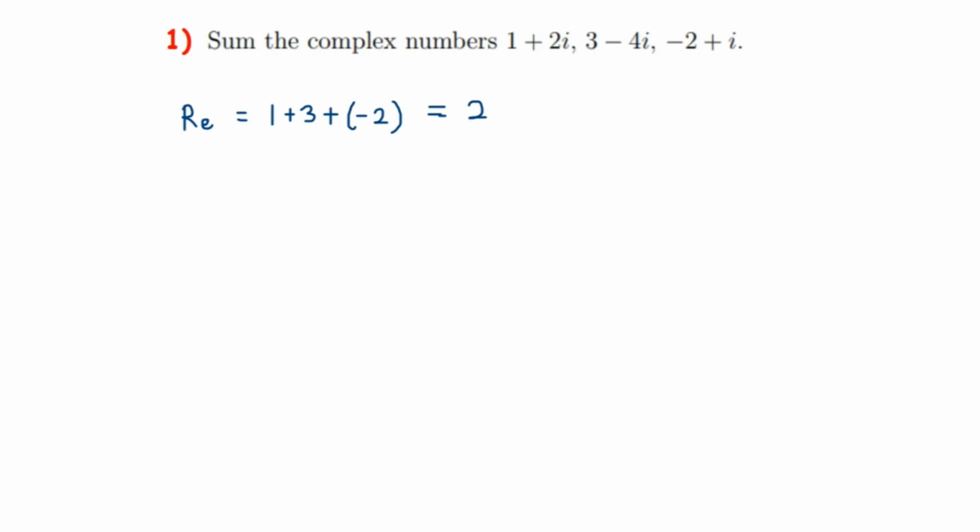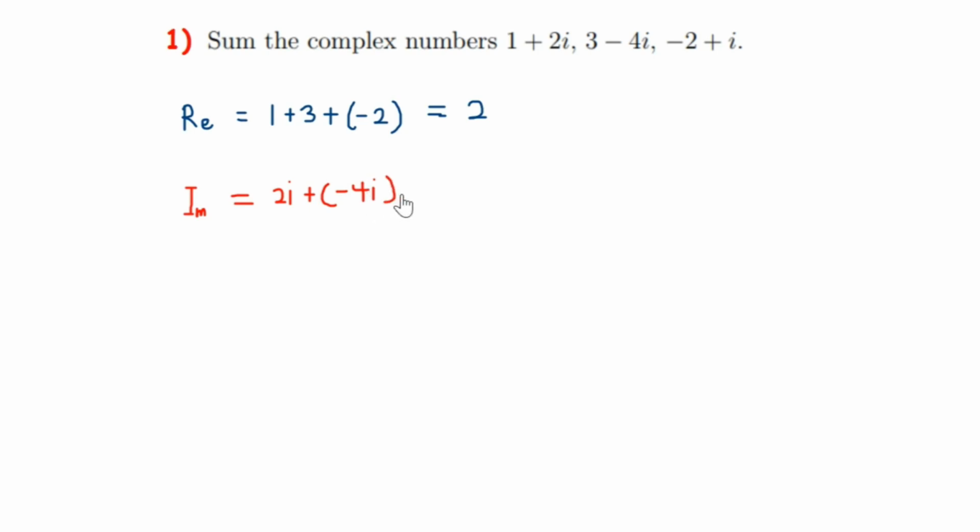Let's do the same for the imaginary part also. For the first complex number, I have 2i. And then for the second one, I have minus 4, so plus minus 4i.